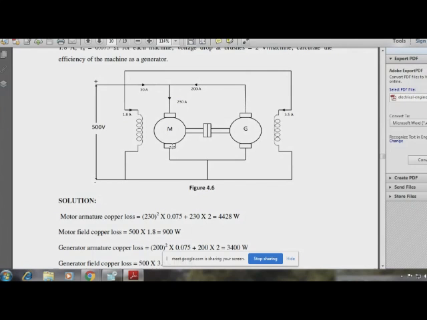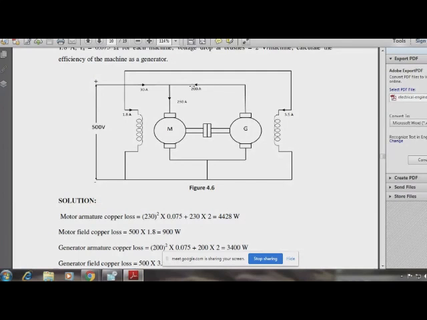Is it getting clear? Yes, sir. And that is why we understand here that though the armature current is quite huge, 230 amps, the input current taken is only 30 amps. That is the advantage of Hopkinson, because the remaining 200 amps is being supplied by the generator.